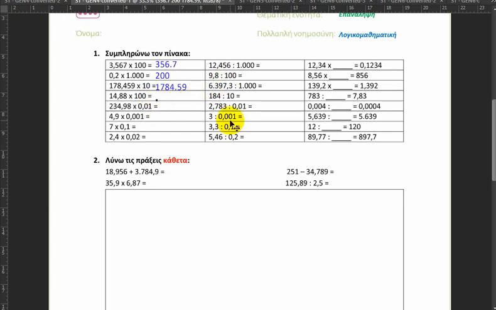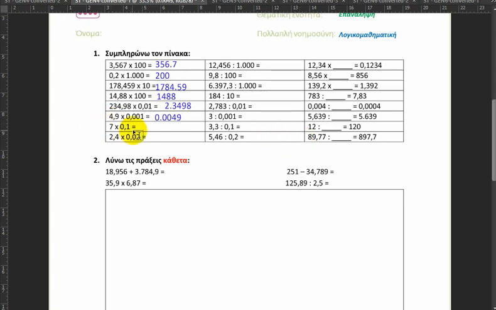And then we have 1,488. And here we get 2.3498. Here we get what? 0.004, because it moves 3 places to the left.